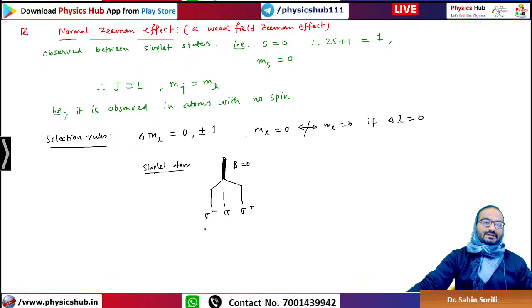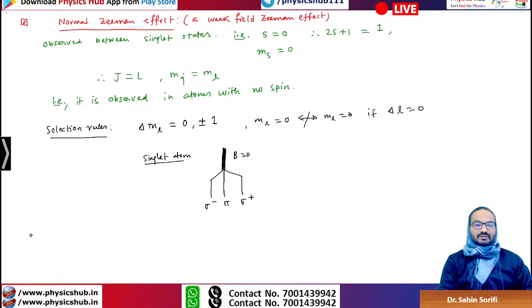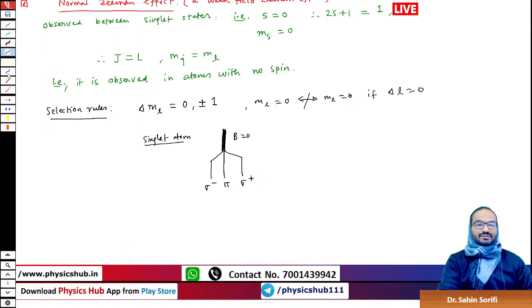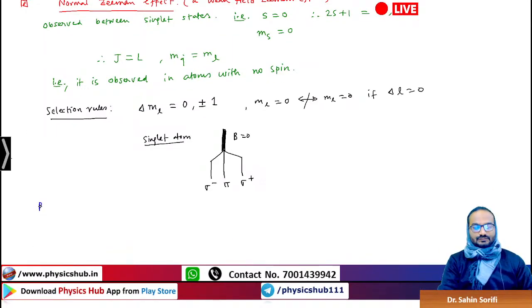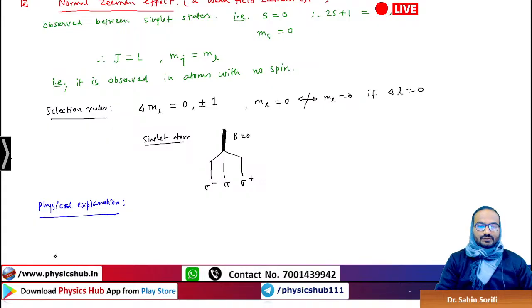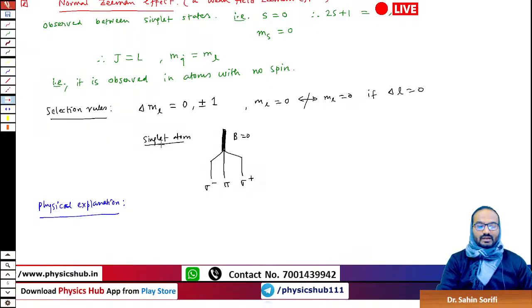Now, how can you explain this normal Zeeman effect, the physical explanation? What can be the basic reason behind it? Obviously the space quantization, right? We have seen this earlier also.